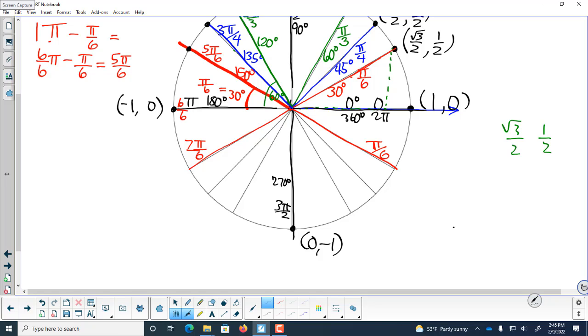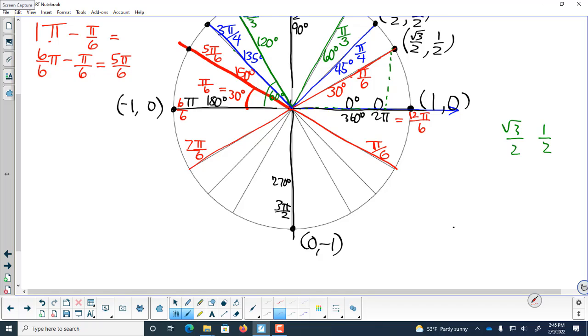Okay, so now this angle here is going to have a reference angle of pi over 6. So 2 pi is how many pi over 6? 2 wholes. 2 is equal to 12 pi over 6, right? Double the denominator. That's all you got to do.